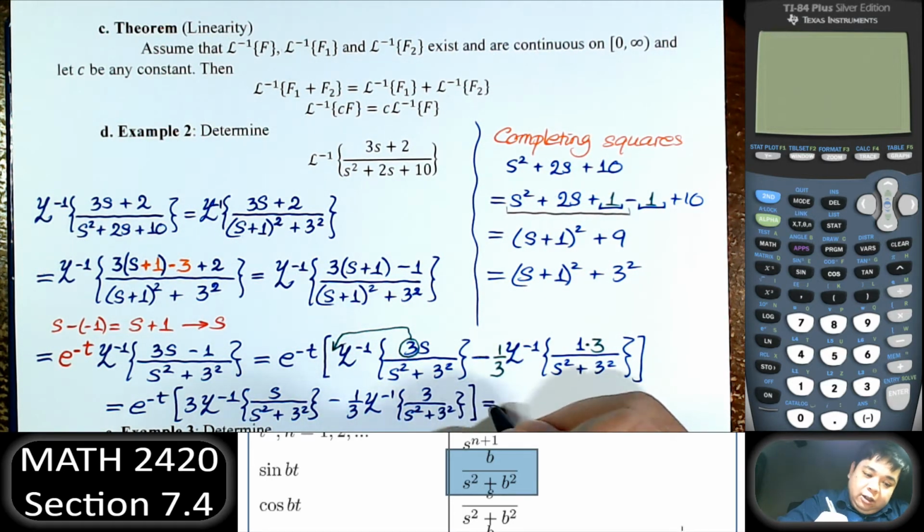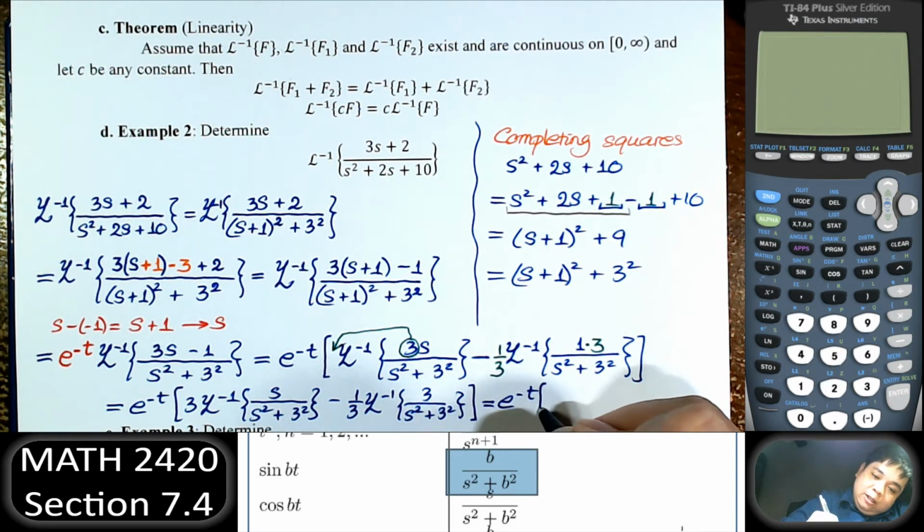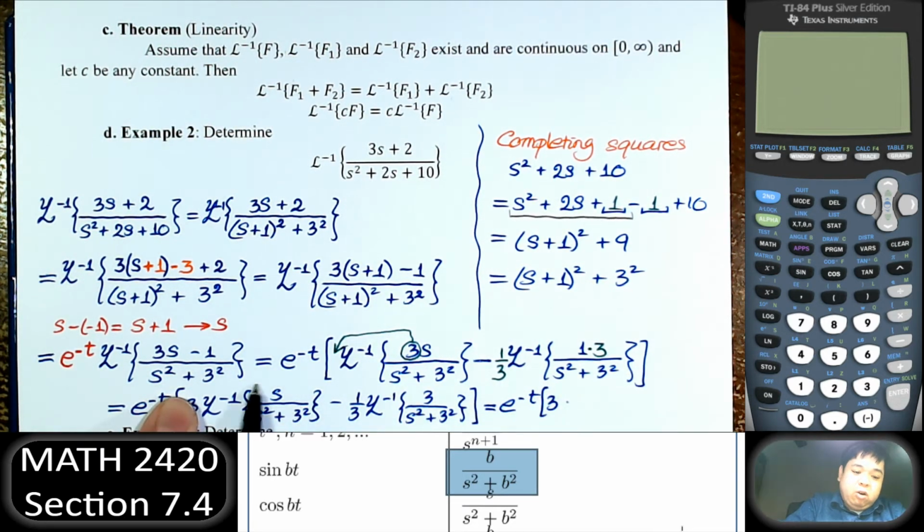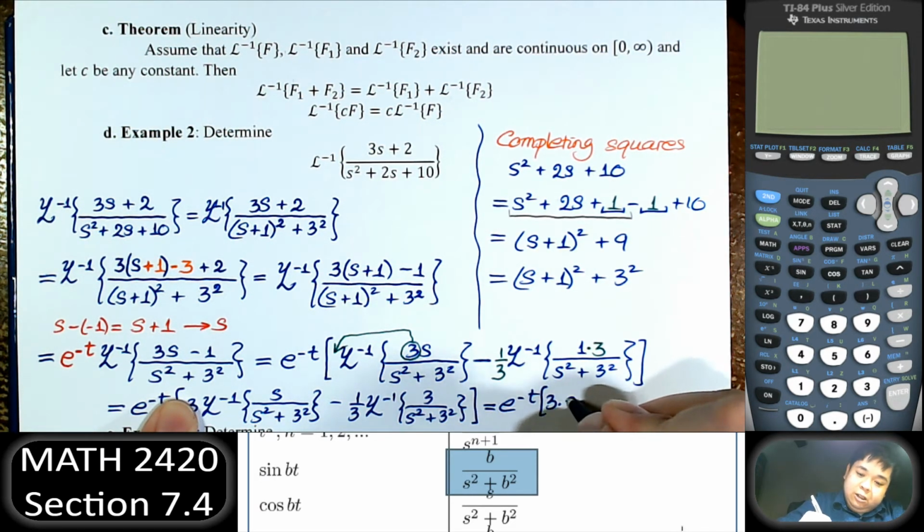Now the inverse Laplace transform of this is an odd function... the Laplace transform is going to be an even, so it's going to be cosine, because the formula is over there.